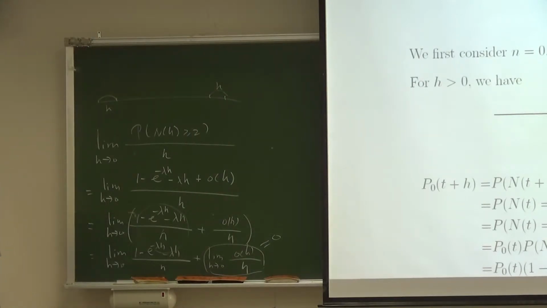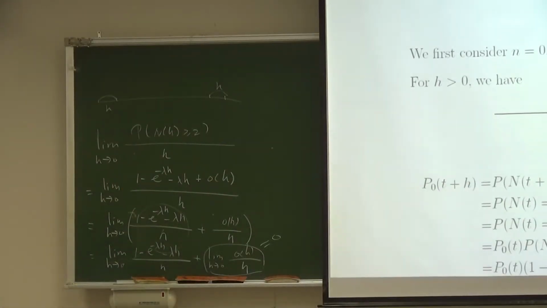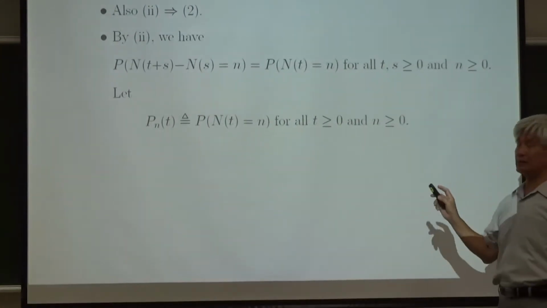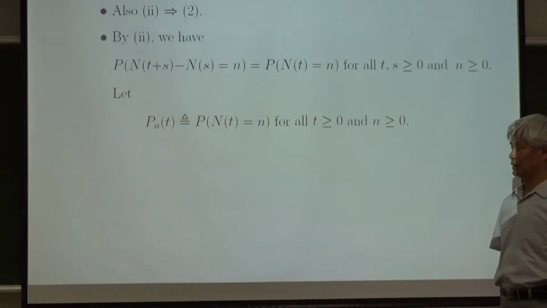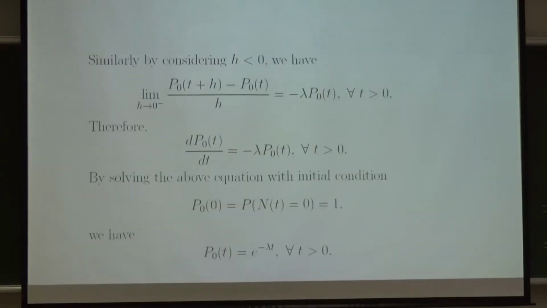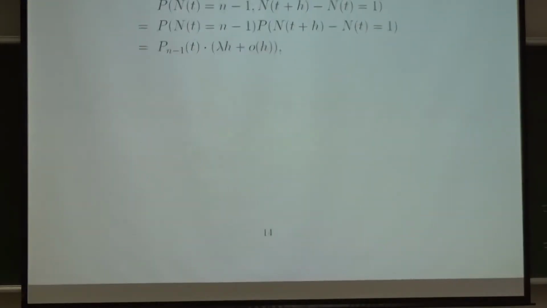It is called stationarity. I think this theorem is the most fundamental theorem in the theory of the Poisson process, and from the proof you know the flavor of the properties of the Poisson process.